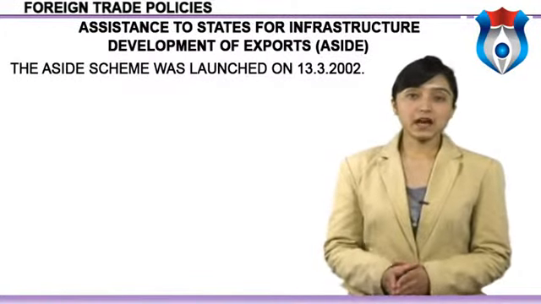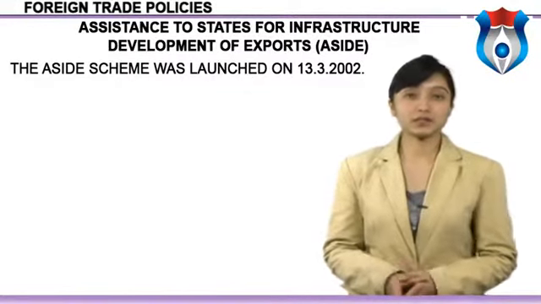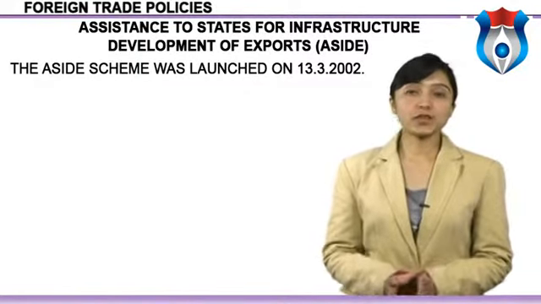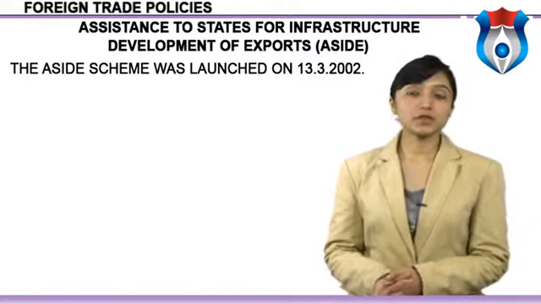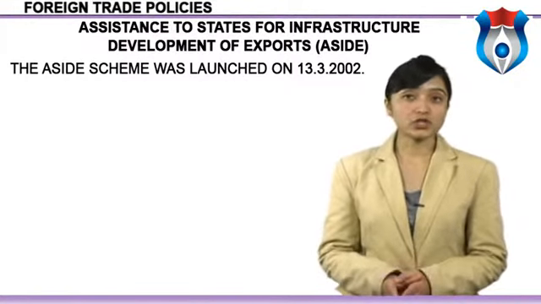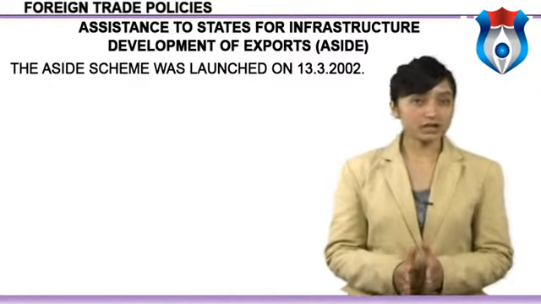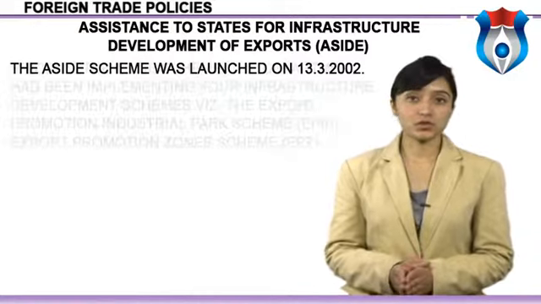The ASIDE scheme was launched on 13 March 2009. The allocation for financial year 2012 to 2013 is INR 800 crore and the allocation as per RE, revised estimates, is INR 655 crore.